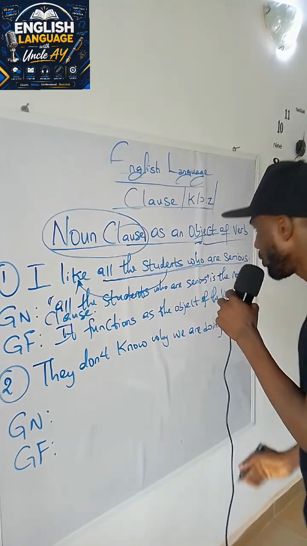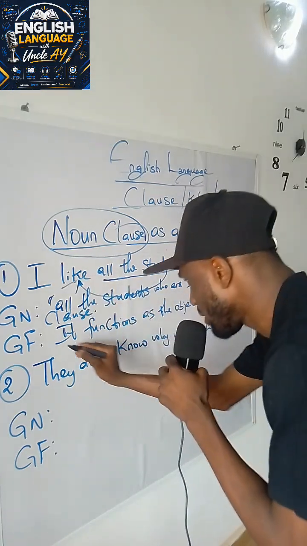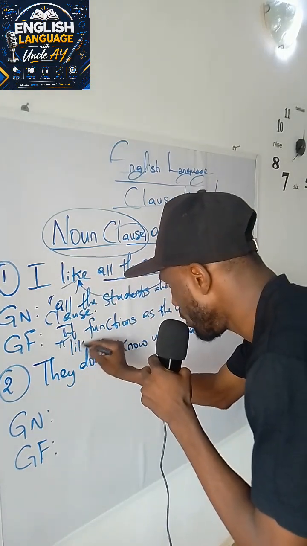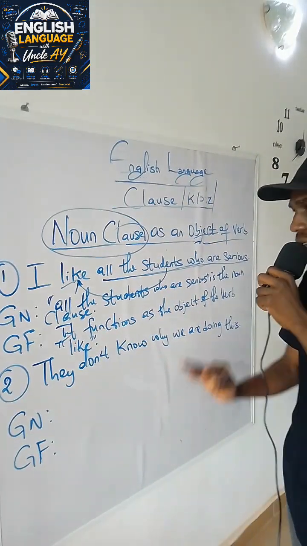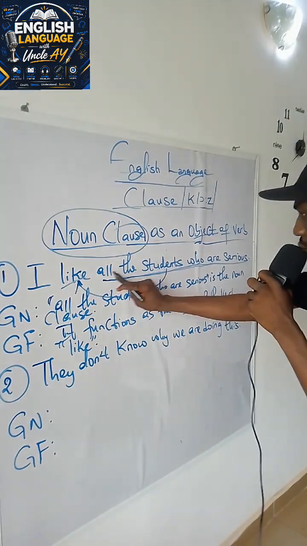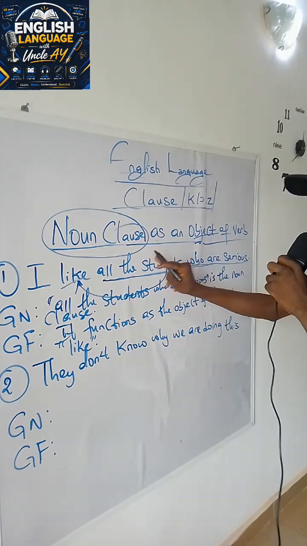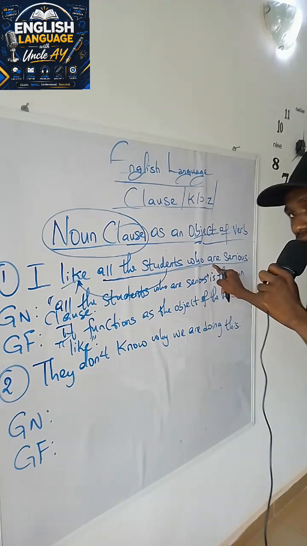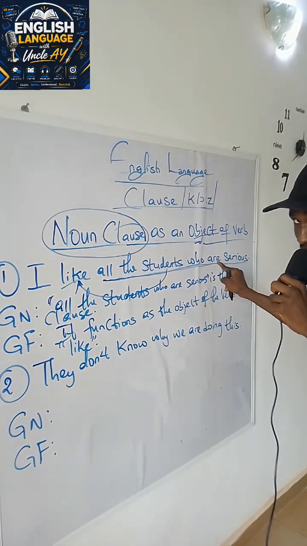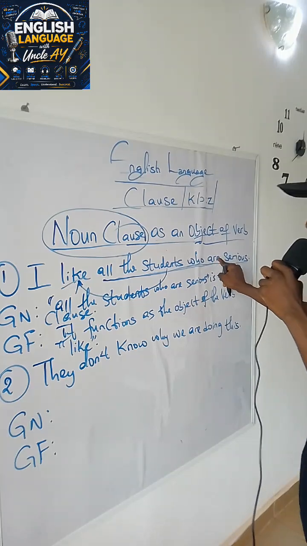The verb in question here would be what? "Like," open quotation, and then we include "like," end of quotes. So it's very, very easy, because in the build up to what looks like our noun clause as an object, we'll find out that there is of course a verb here, an auxiliary verb, which I stated earlier, "are."